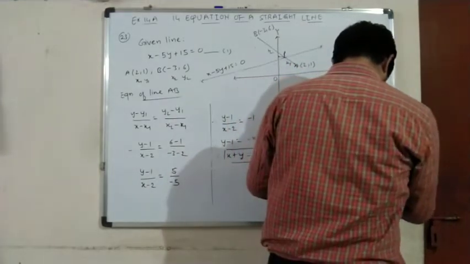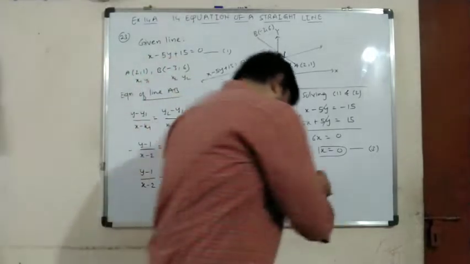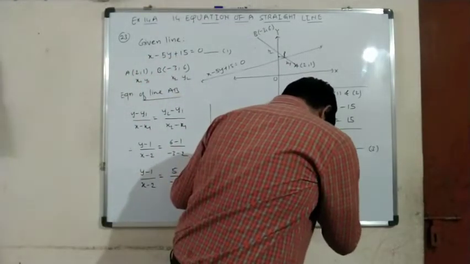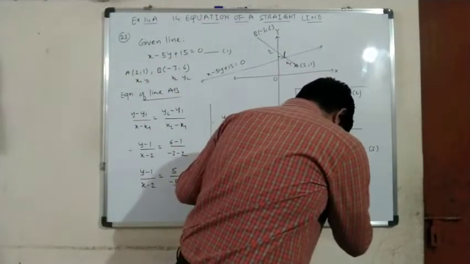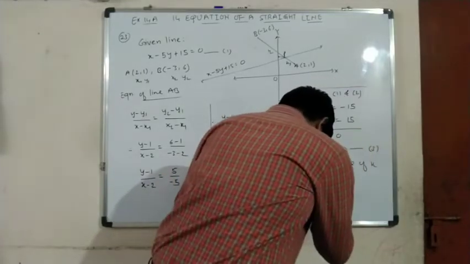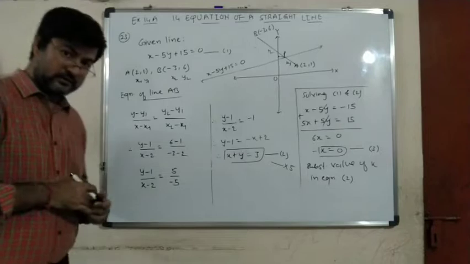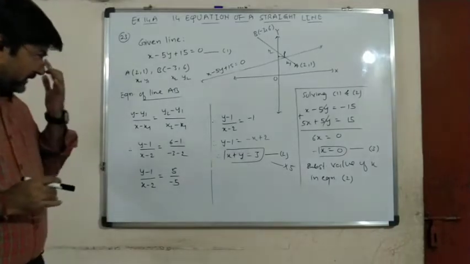Now we will substitute this value of x in equation 2 to get the value of y. Now substituting the value of x in equation 2. Okay, so far all the steps are clear.